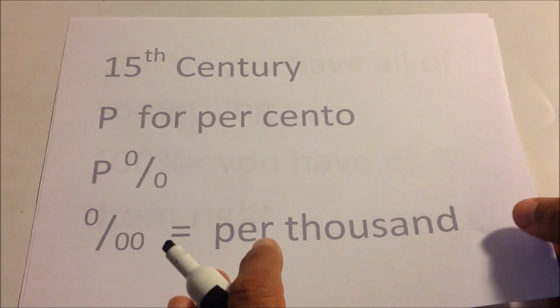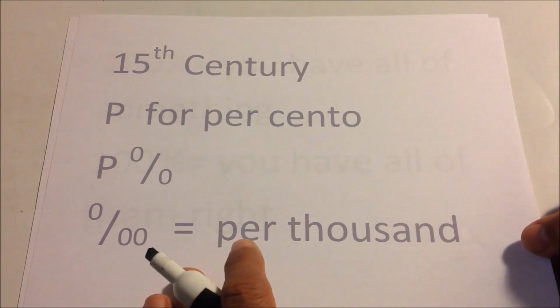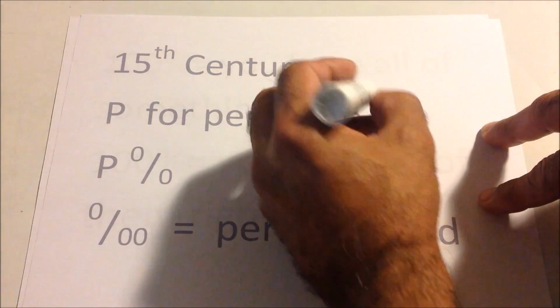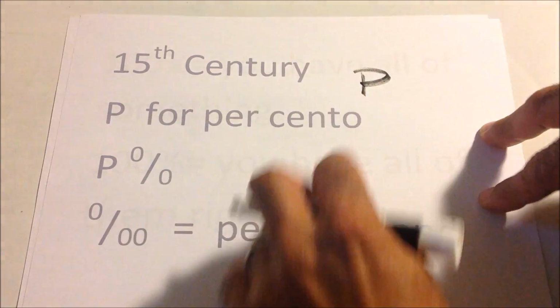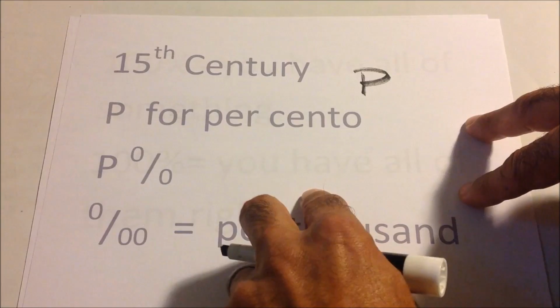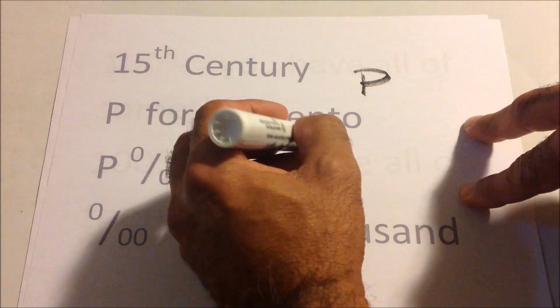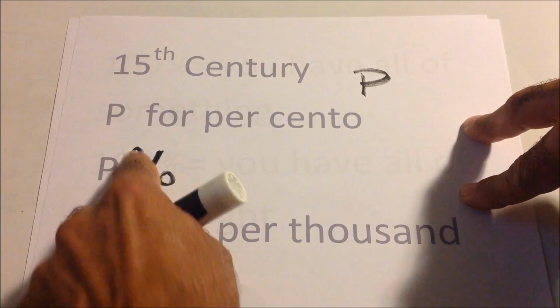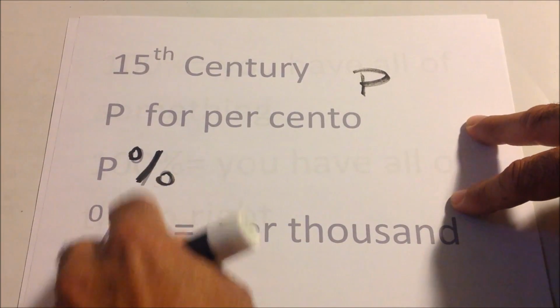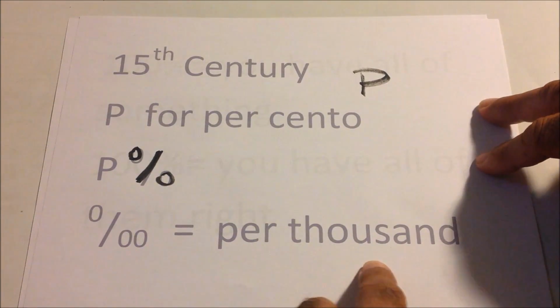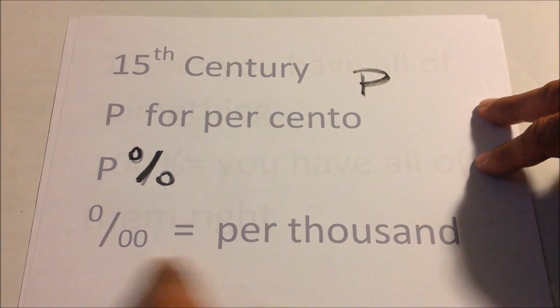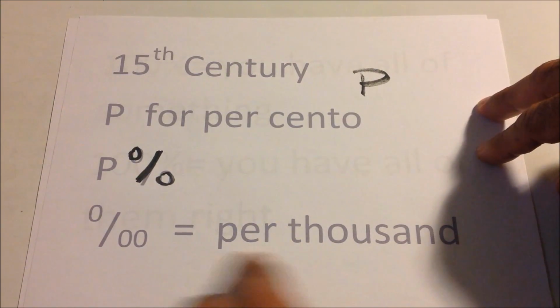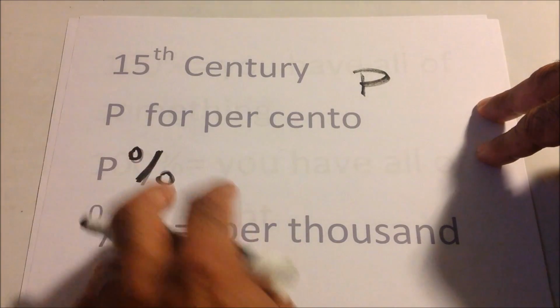In the 15th century, in like the 1400s, they used the letter P for per cento. And then they would use this little abbreviation, this symbol as we use today. By the way, if you see this one, it's per thousand, which is per mille. Mille means 1,000, like millennium, if you see the 2 zeros.